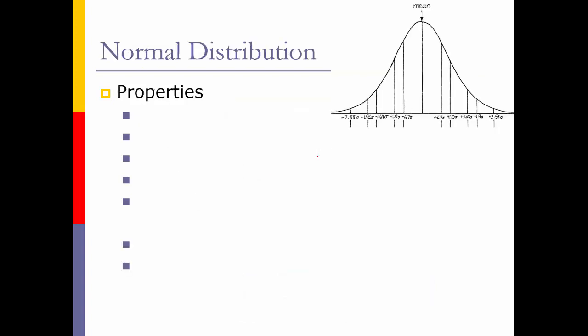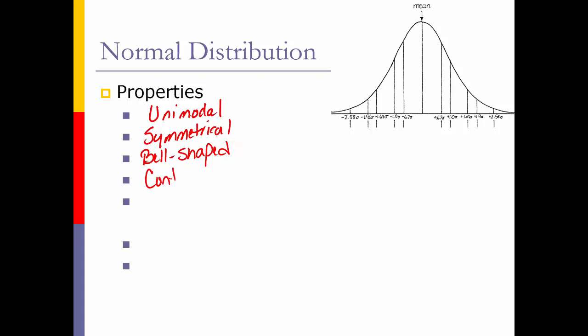In terms of the normal distribution, there's some really basic properties. It's pretty unimodal. It's also symmetrical about the mean. As we already discussed before, it is bell-shaped and it has the maximum height at the mean. It is continuous.